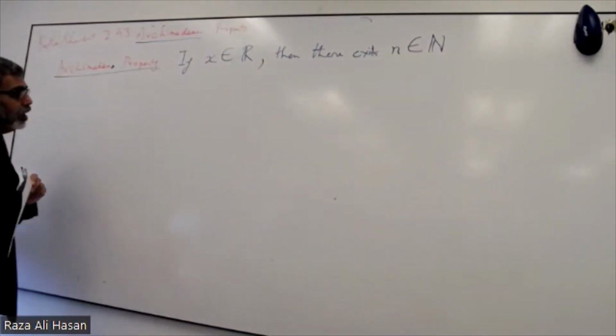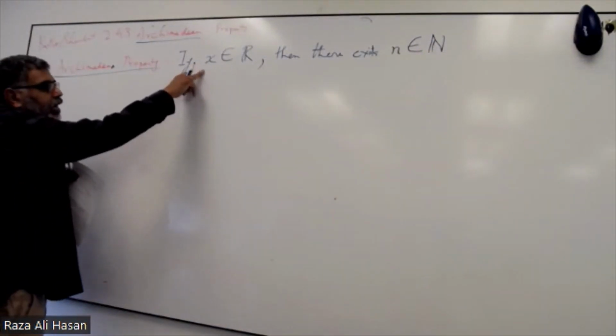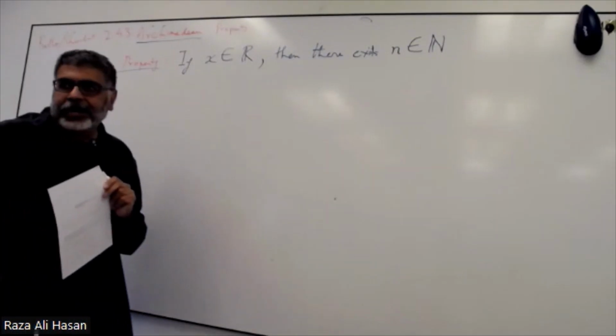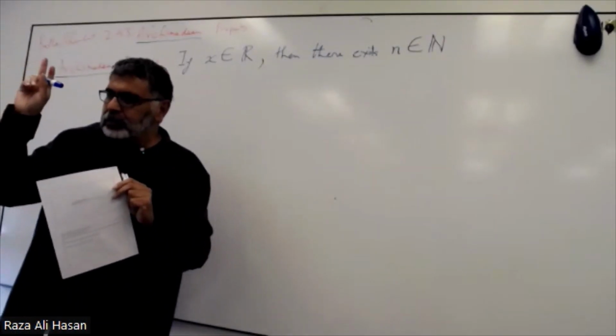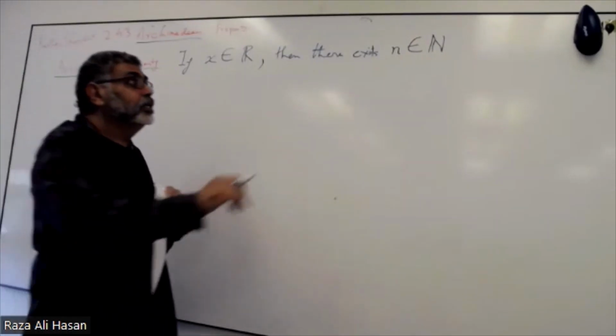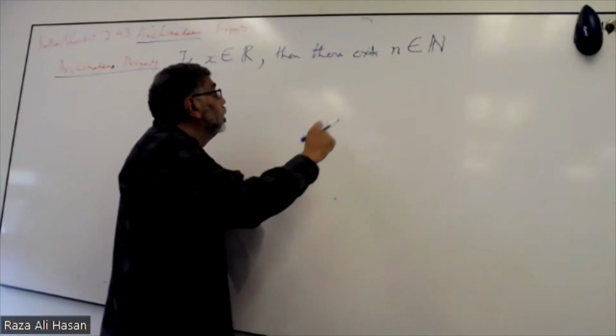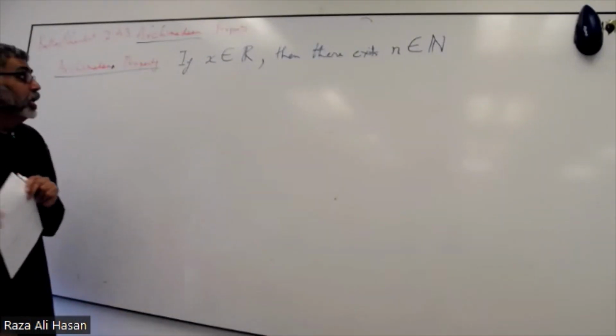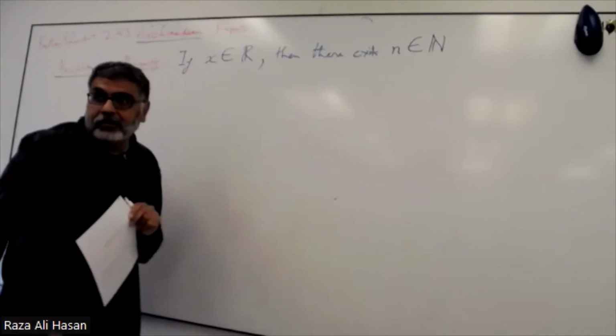I said, give me a real number, and believe me, there will exist a natural number n whose value, how big or small, depends on this x. How do we write that?